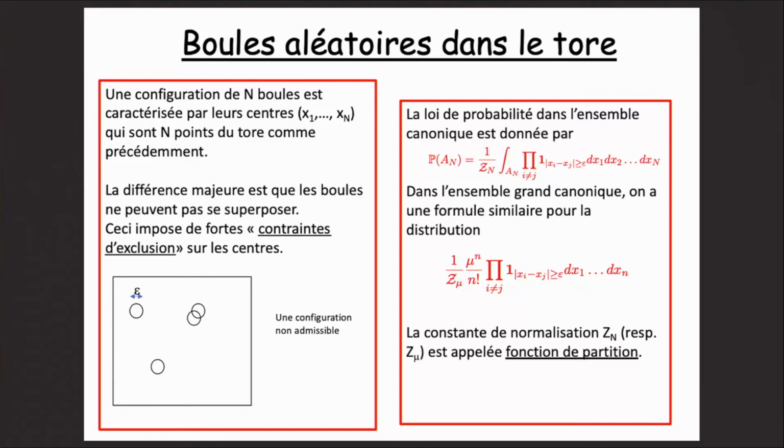So this partition function is just a normalizing constant for this to be a probability.